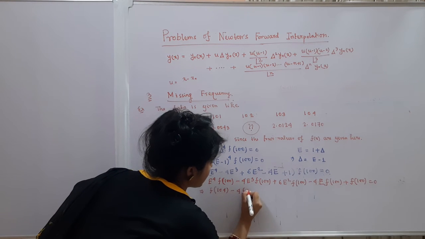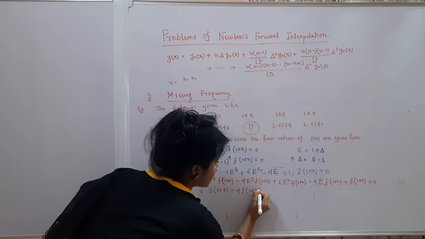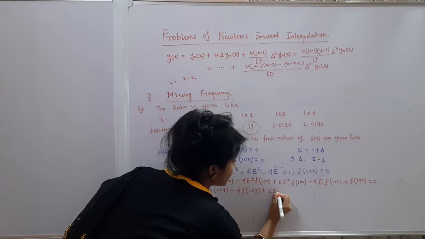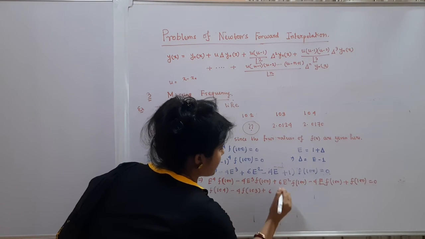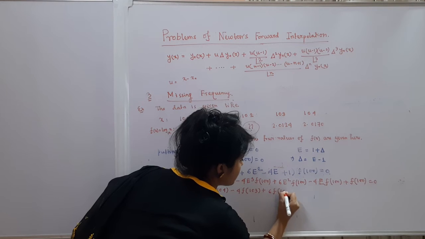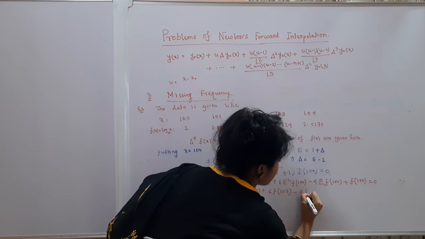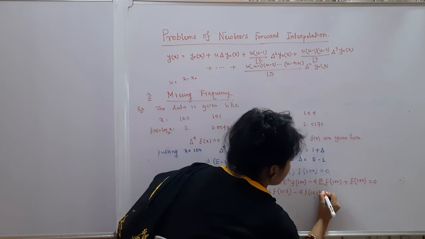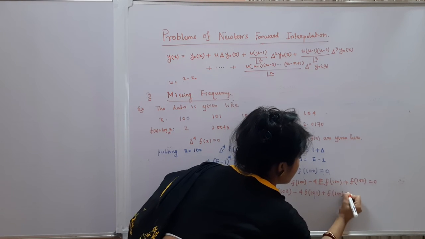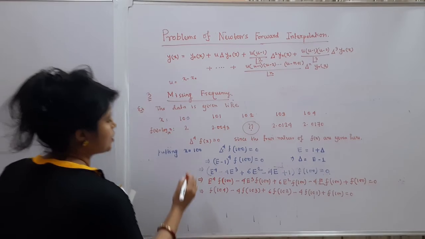Here 3 movements will be allowed, that is f of 103, plus 6 E square f of 100 means 2 movements will be allowed, so f of 102, minus 1 movement will be allowed, f of 101, and finally f of 100. Now I can just substitute the values.